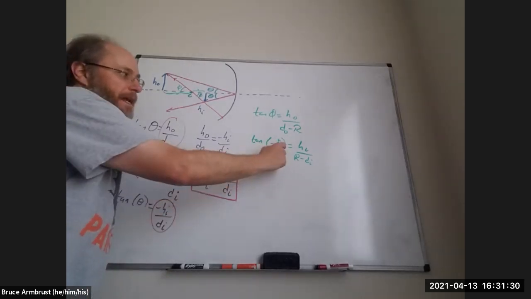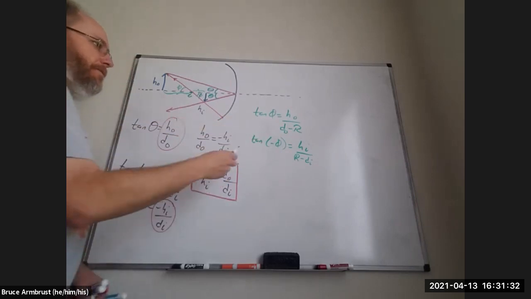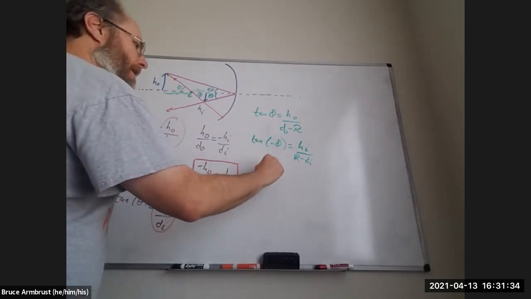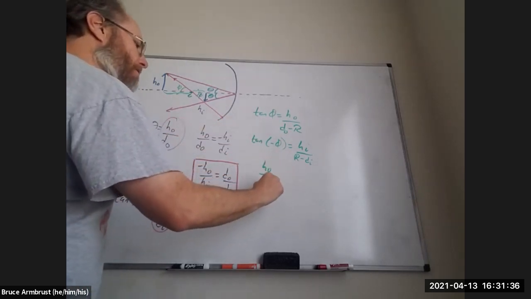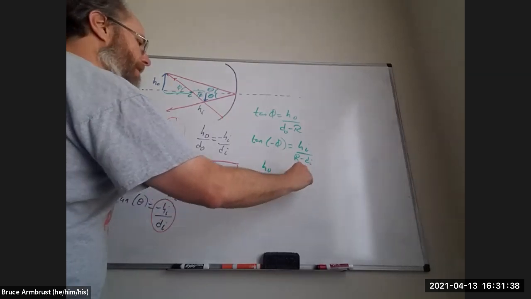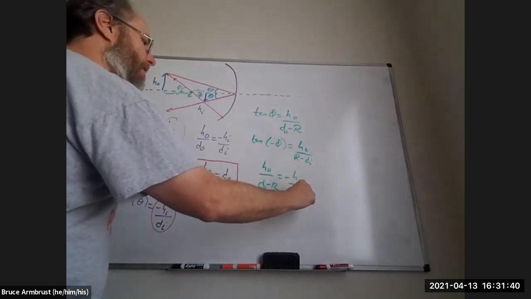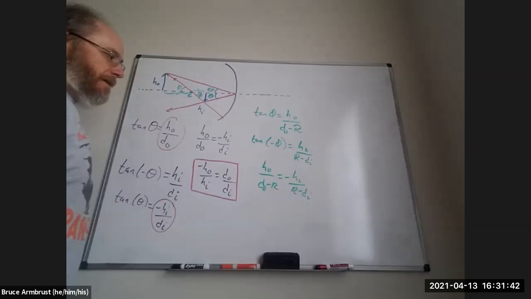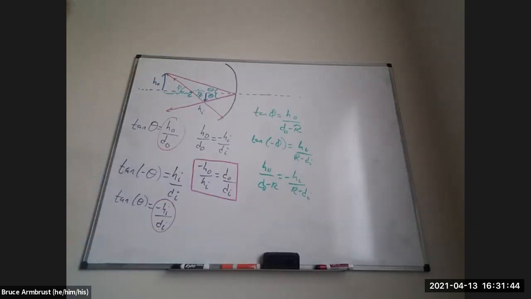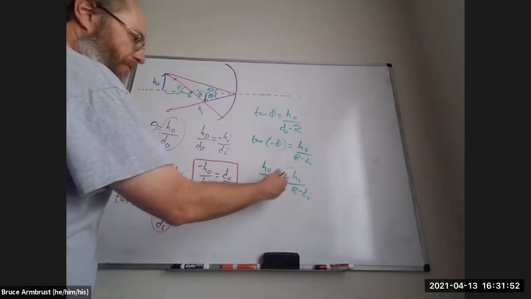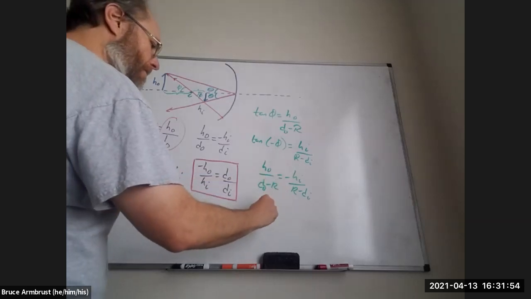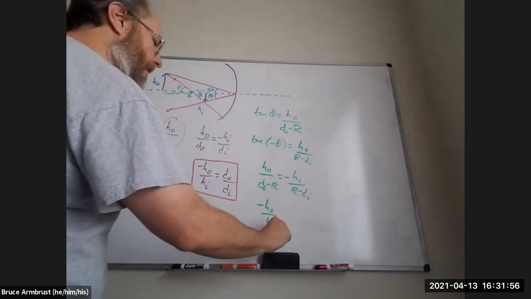Pull this minus sign out, set those things equal to each other. So we're going to get HO over DO minus R equals minus HI over R minus DI. And I can actually move things around so I get the same minus HO over HI.